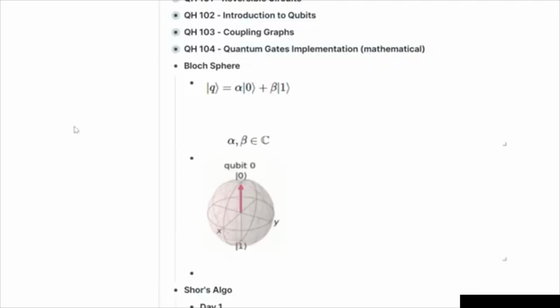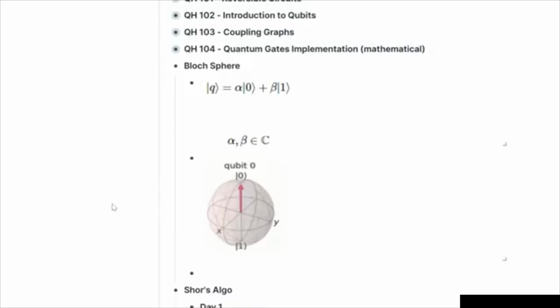When we say that alpha and beta are complex numbers, the amplitude of complex numbers could be the same. If I say 1 plus 2i or 2 plus 1i, the amplitude would still be the same, root 5. So the takeaway is that there are many states which are indistinguishable by us because their amplitudes are the same, and the probabilities are the same.